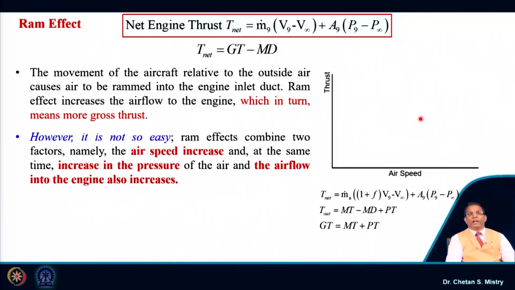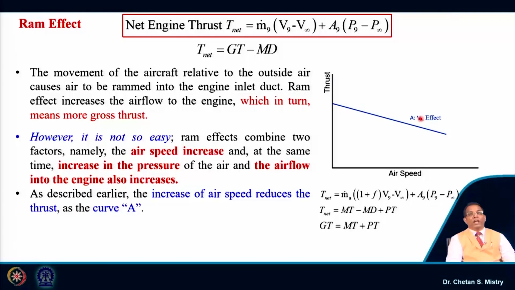What we are discussing is not that easy, because the ramming effect has two factors. One, it is increasing the air speed, and second, it is increasing the pressure, and that is the reason why it is increasing the amount of air going inside the engine.